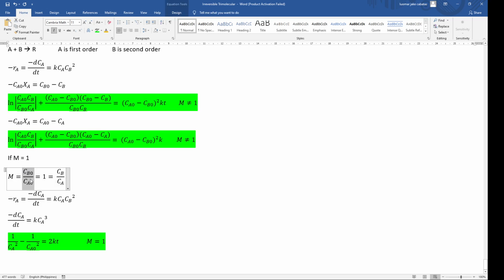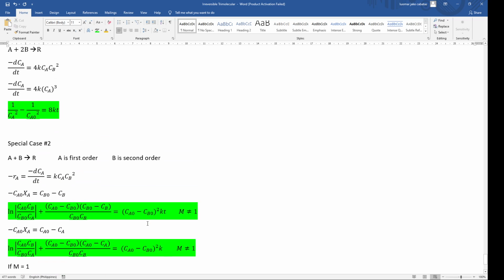Same thing, CBO over CAO is equal to 1. So therefore, at any given time in the reaction, CB over CA is equal to 1, or CB is equal to CA. Therefore, if this is our rate equation, we just have to substitute CA here for CB because again they are equal, so we have CA raised to the cube, and then we have this equation.